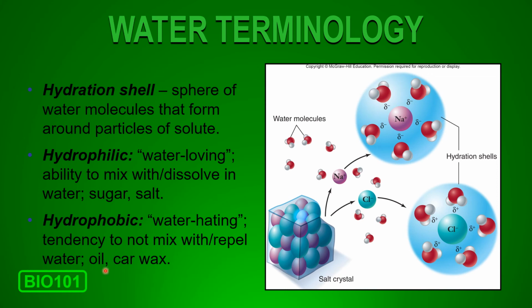Great examples are oil, car wax. You wax your car, right, and it rains and the water just beads up and rolls off, right? Because car wax is hydrophobic. Likewise, when you mix oil and vinegar to put on your salad, vinegar is an aqueous solution. It's a water-based solution.